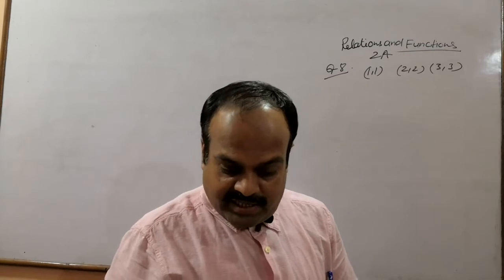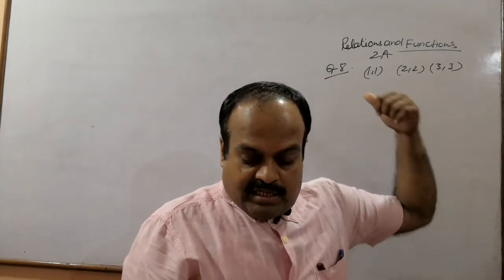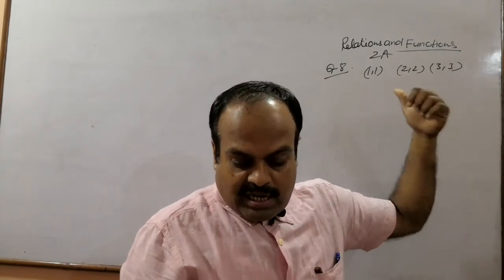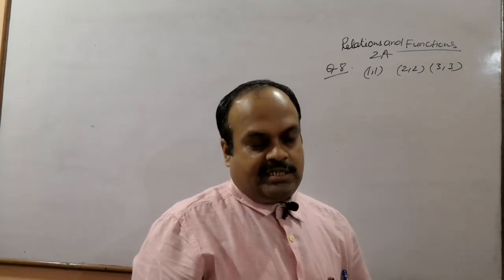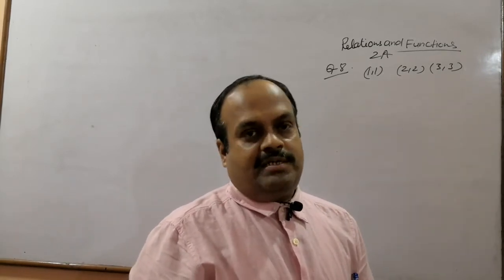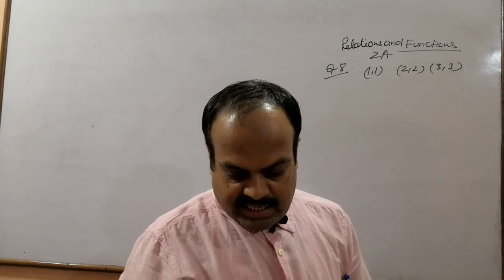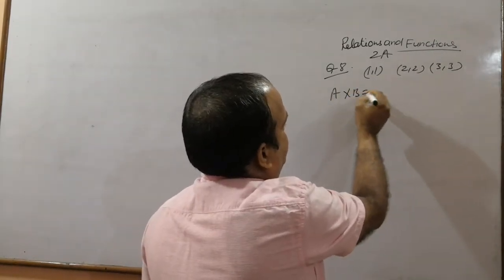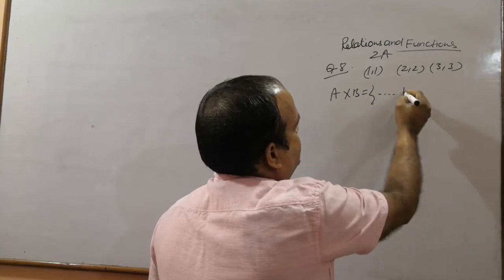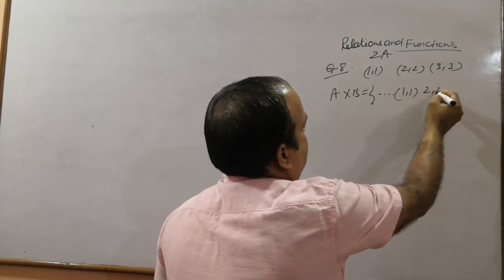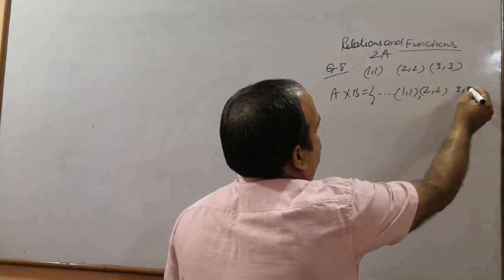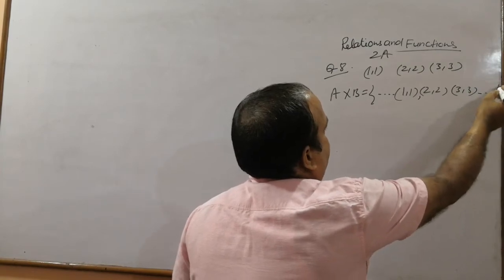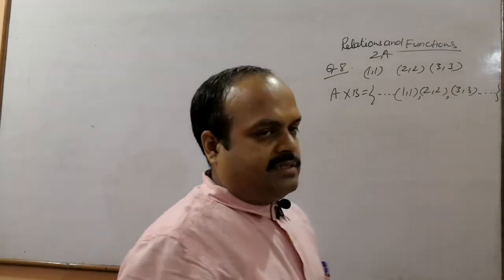What we have to find? These ordered pairs are among the elements in the set A cross B. I mean, A cross B is equal to {(1,1), (2,2), (3,3), ...}.